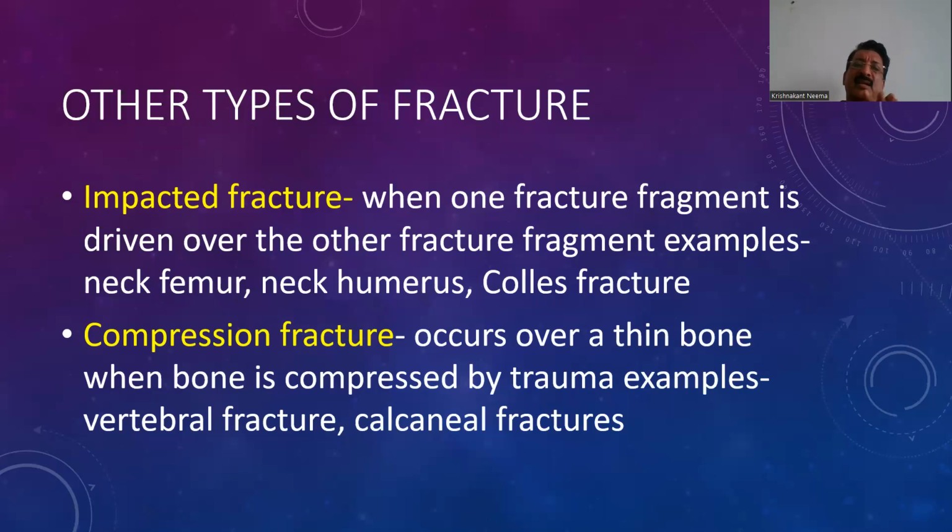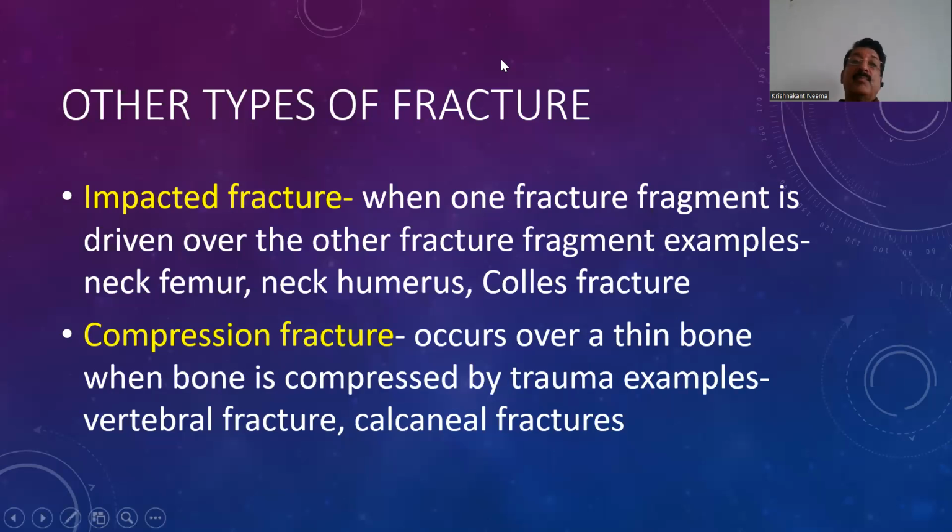Apart from these, there can be various other fractures. It can be an impacted fracture, when one fracture fragment is driven over the other fracture fragment. Examples can be neck of femur, neck of humerus, Colles' fracture.